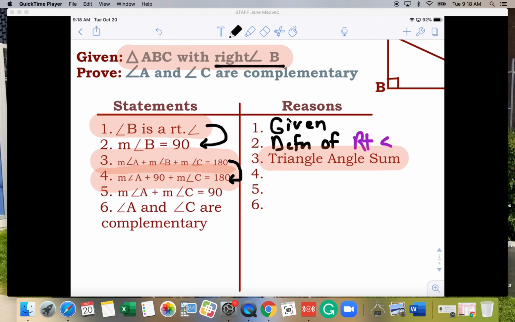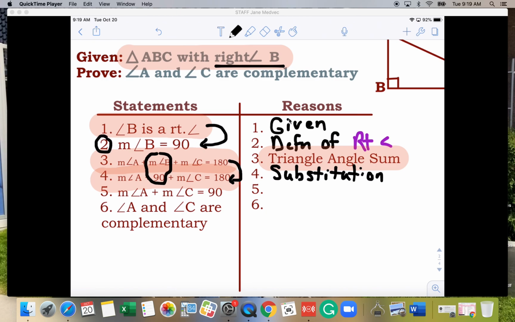Well, you can look and notice that the measure of angle B was taken out and 90 was put in for that. We know that because of number 2, that they are equal to each other. So the reason for this is substitution. I took out something and I put in something that's equal to it.